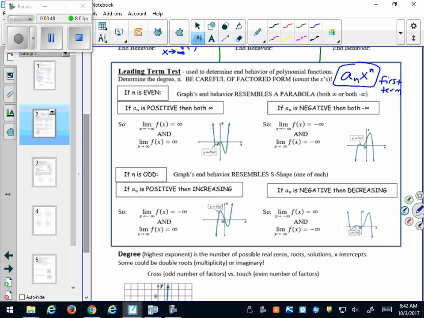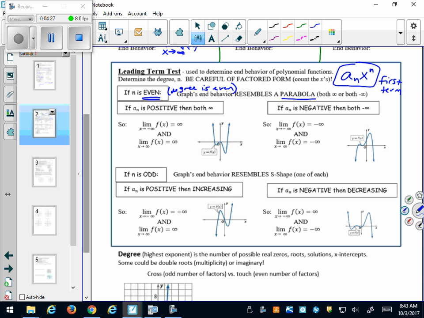We talked about this a little bit already, but if n is even, in other words, if the first term has a degree that's even, then the end behavior is going to resemble a parabola. The parabola is x squared, the even function that we're most familiar with, so it's good to relate it to that one.